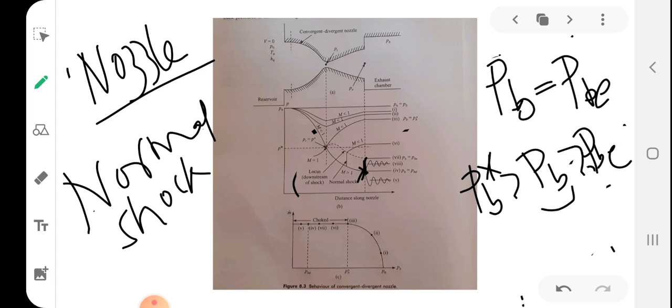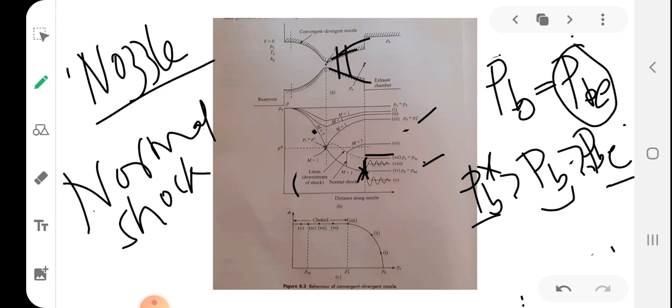So this means PB is a value between PB star and PBE, which means the normal shock can occur anywhere along the length of the divergent section. But when PB becomes equal to PBE, the normal shock occurs at the exit plane, and there is a steep rise in pressure at that exit plane, and the pressure at exit will become equal to PB.